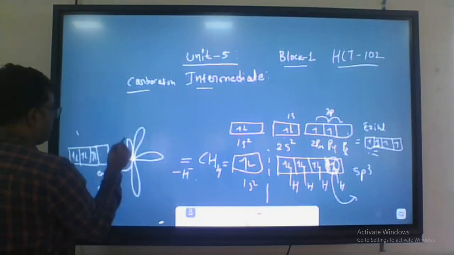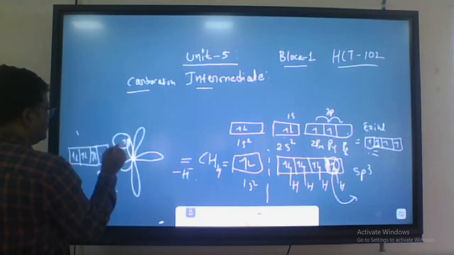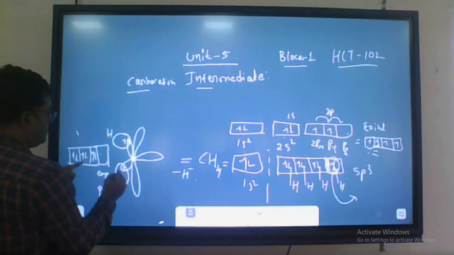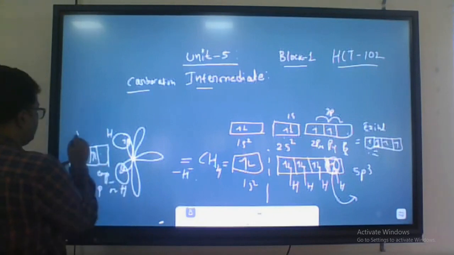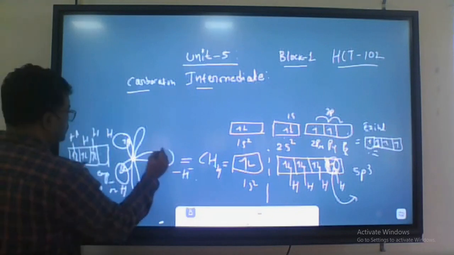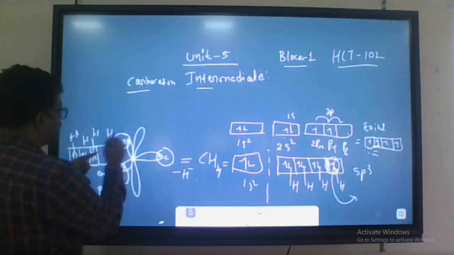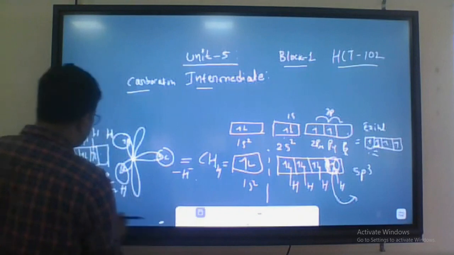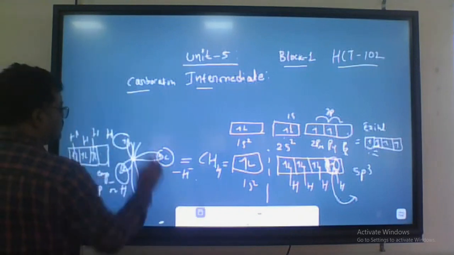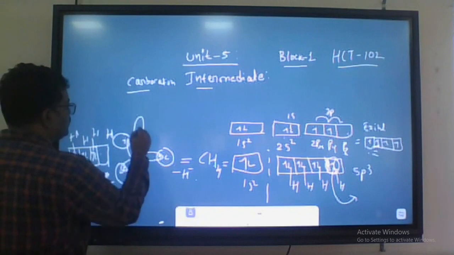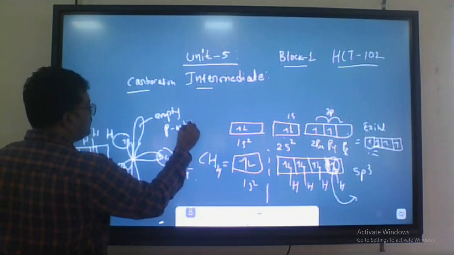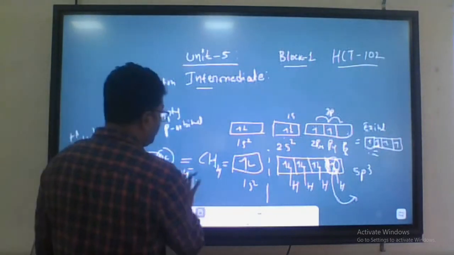This is empty p orbital, and this one first hydrogen, and next another hydrogen here, next hydrogen. This is empty p orbital.